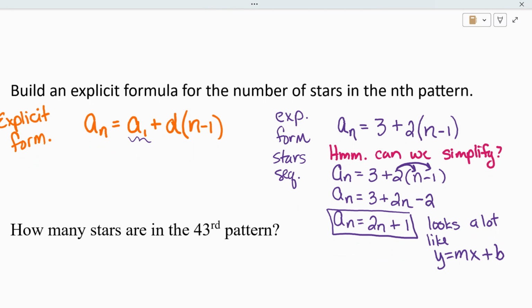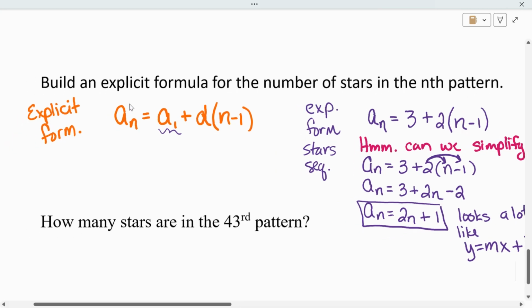And we know that f of x has the same meaning as y. So a sub n is just like y. Common difference times the term number is the same thing as your slope times the input value plus your y-intercept. So I think that linear functions were derived from sequences.